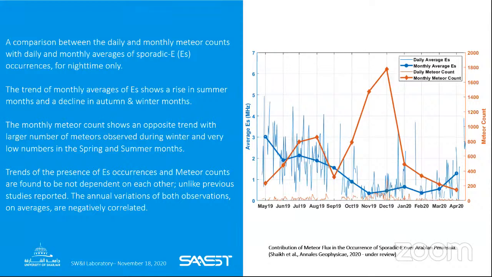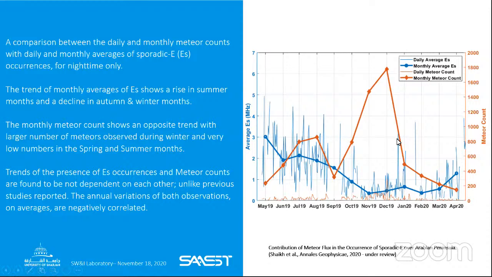So it was a really good opportunity for us to test why ES is present and whether it is due to ablating meteors or not. We combined the two datasets, starting from May 2019, when the ionosonde was installed, up to April this year, one year of data from the meteor counts and from our ionosonde.